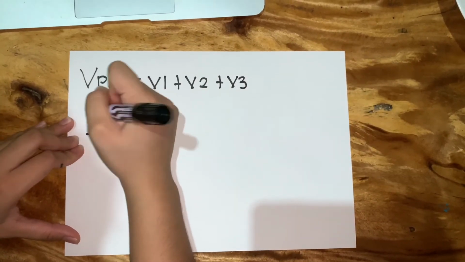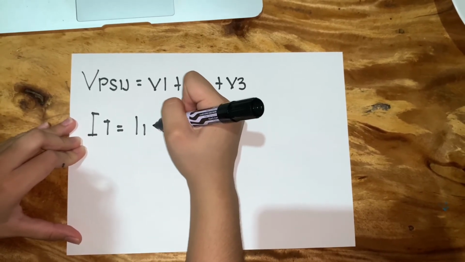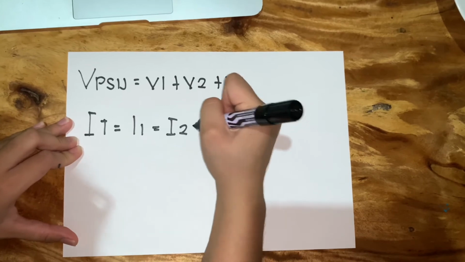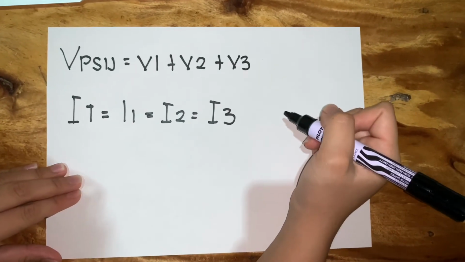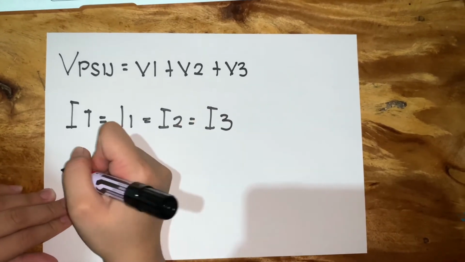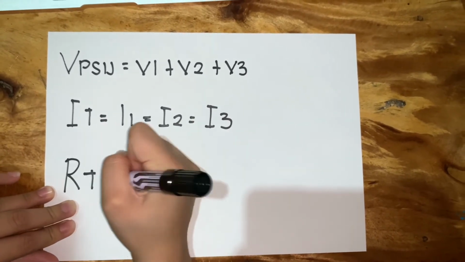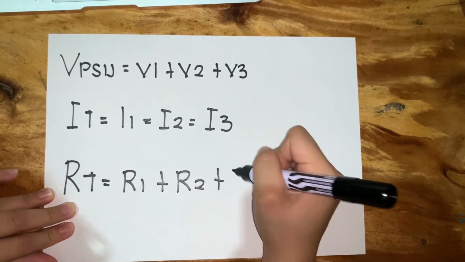So total current equals I1 equals I2 equals I3. Then lastly, the total resistance in a series circuit is the sum of all individual resistances. So RT equals R1 plus R2 plus R3.